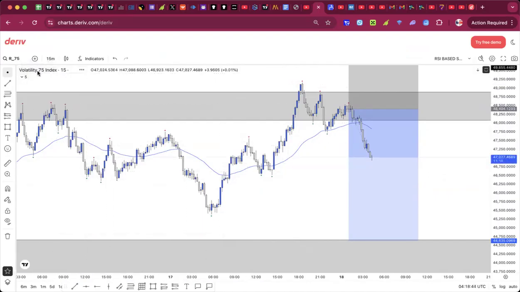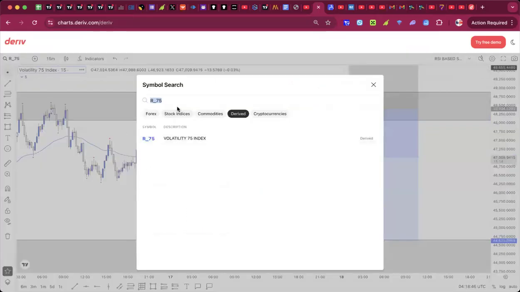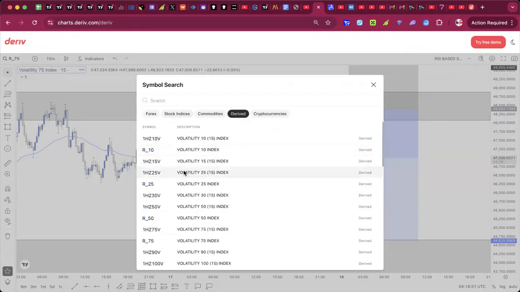Anytime you see us say something like V75, like the signal that was just sent not long ago, you should know that is a Deriv instrument. The instruments available on Deriv include Volatility 10 and all of those volatility indices.